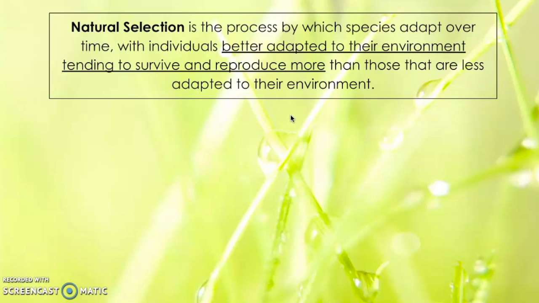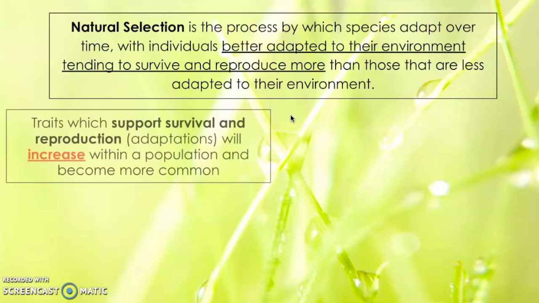We also know that natural selection is the process that allows species to adapt over time. This happens because the traits or adaptations which support survival and reproduction are passed on throughout generations and eventually increase or become more common within that population.